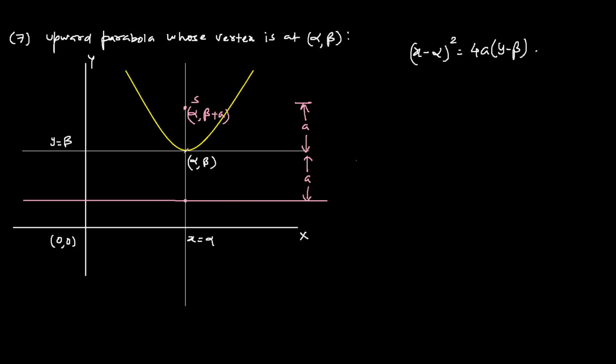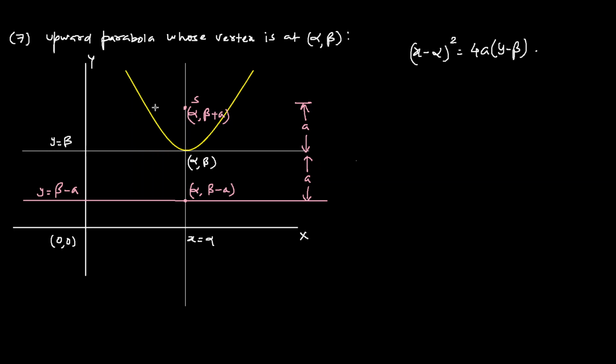So this point on the principal axis is alpha comma beta minus a. So the equation of directrix is y equal to beta minus a.